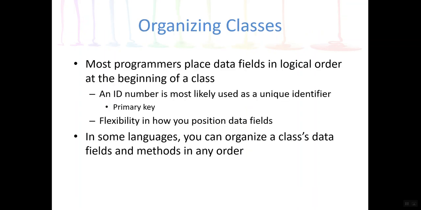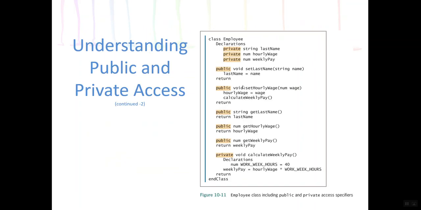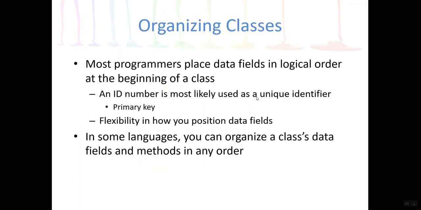So sometimes programmers may ask the question, well, let's go back to that definition of employee. Does it matter if I define last name first or weekly pay? And does it matter if the sets are first and then the gets, or can the gets be first, or should it go get, set for last name, get, set for hourly wage, and so forth? The short answer is it does not matter, but most programmers place data fields at the beginning of the class so they're easier to find.